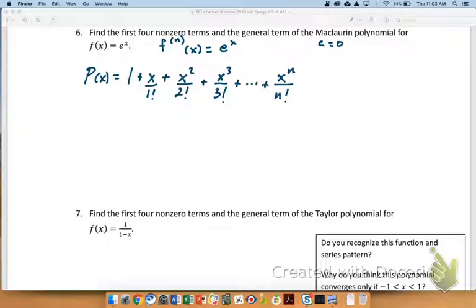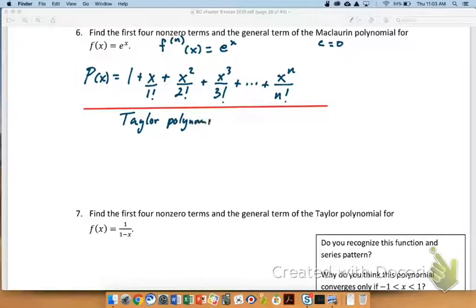Just for the sake of a little more practice, to see how you all do, what if it was the exact same question, but instead of a Maclaurin polynomial, what if it was a Taylor polynomial at, I don't know, c equals 1?